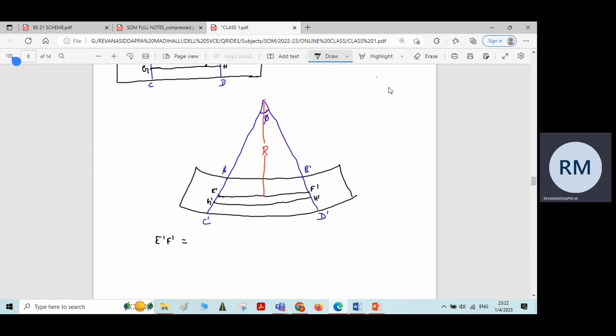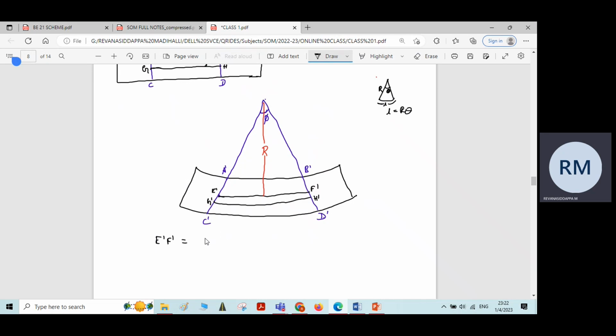We know the equation for length of a curve. If there is a curve of radius R with angle theta inside, the length of this curve, L, will be equal to R into theta. Now we are measuring the length E dash F dash.